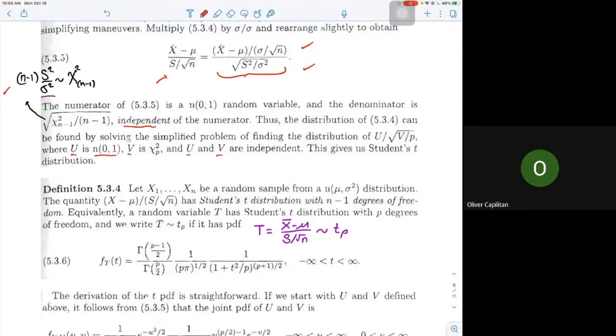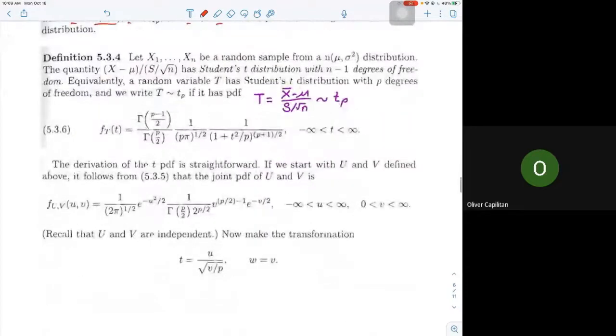So we have this definition: given a random sample from a normal distribution with mean mu and variance sigma square, this quantity has a student t distribution with n minus 1 degrees of freedom. We write the random variable t as having a t distribution with p degrees of freedom, so t is equal to this expression, and the corresponding PDF of t is here.